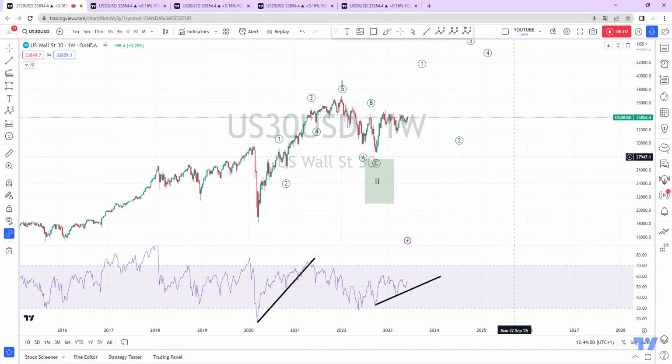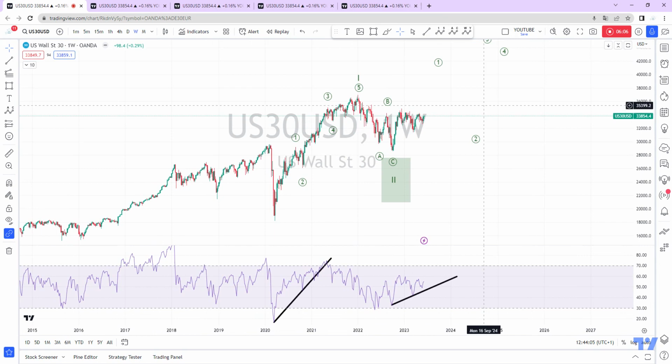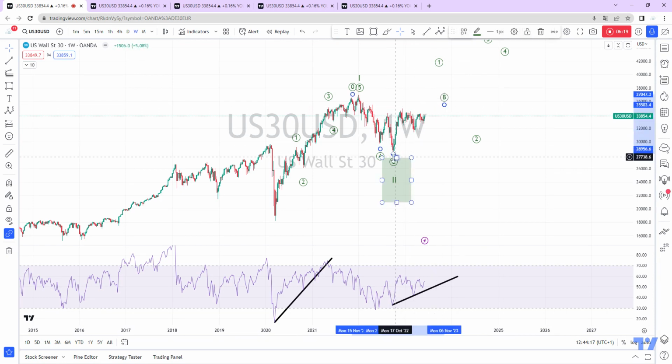So that being said, in the weekly, our wave 2 low could be in here, and we could have started our way to a wave 3 in the higher degree, or like I said, we can still do something like this, a deeper retracement, so we will fulfill the requirement for a wave 2. So these are the possibilities in the weekly, a bullish scenario and a bearish scenario.